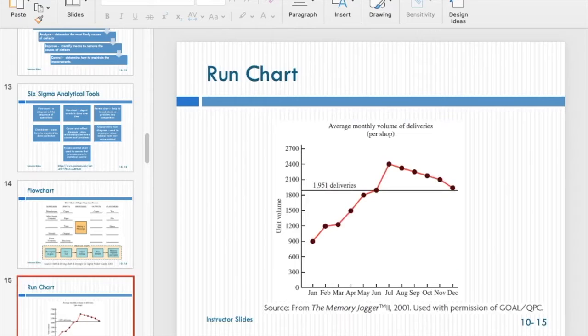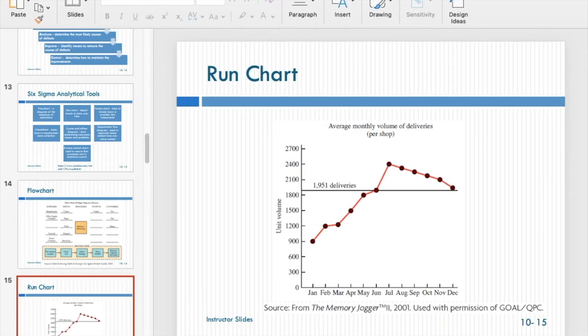Okay, run chart. In the run chart, you can see that the x-axis represents January, February, March until December. So basically here, the x-axis is the time, from January to December. The y-axis represents the unit volume.